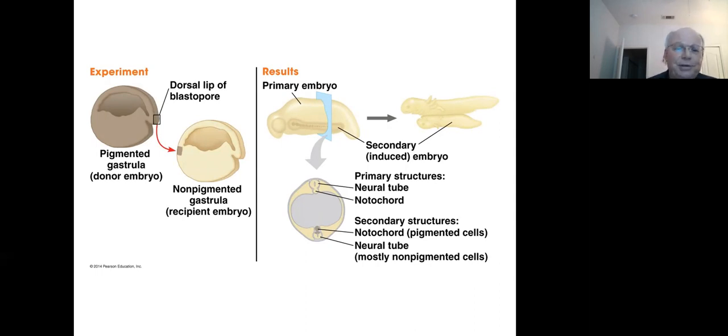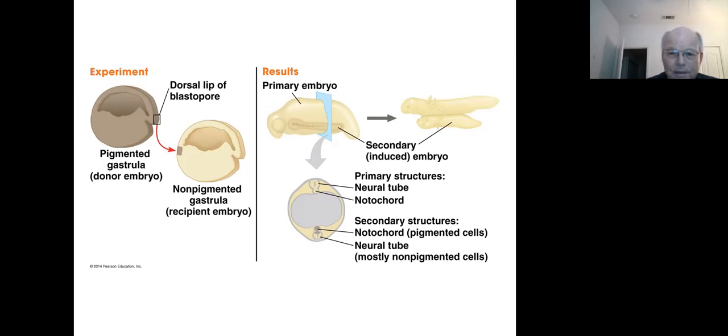And the one piece of tissue that turned out to be significant was what is referred to as the dorsal lip, the overhanging ectodermic tissue adjacent to the forming blastopore, what is known as the dorsal lip of the blastopore. When that is transplanted from a pigmented embryo into an unpigmented embryo and located 180 degrees opposite the existing dorsal lip, what was generated was an embryo that had a second embryo that aligned belly to belly with the non-pigmented embryo.